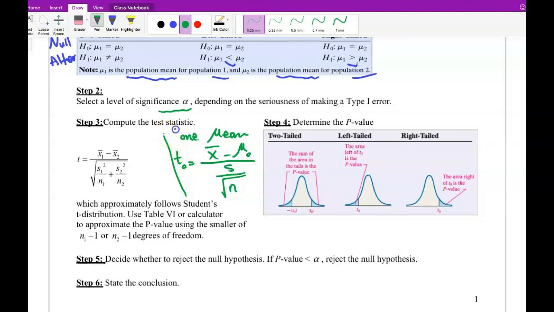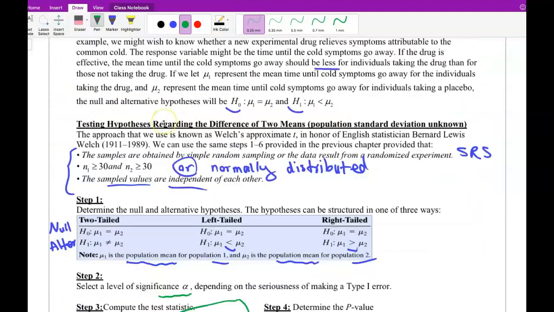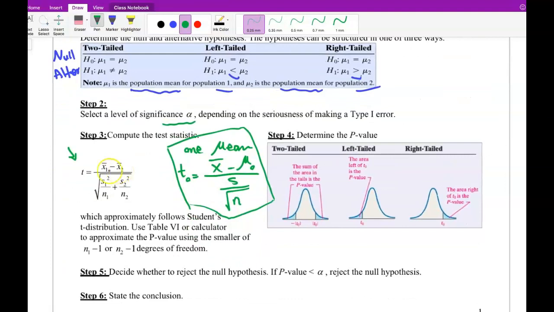So this was for one mean. But here, based on what we have on top, we have two means. So this is for two means.